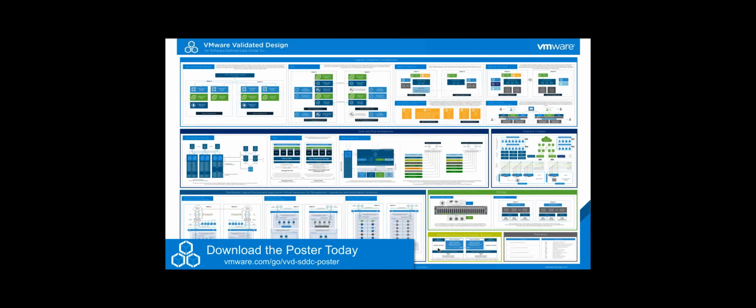The way our network is set up, the way we do distributed logical routing, all this is depicted, the high-level points are depicted in a poster that you can go download today. If you go to vmware.com/go/vvd-sddc-poster, it will redirect you to our community, and in the community we've posted that poster. You can download it in digital format, zoom in.